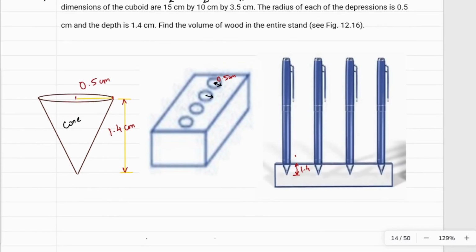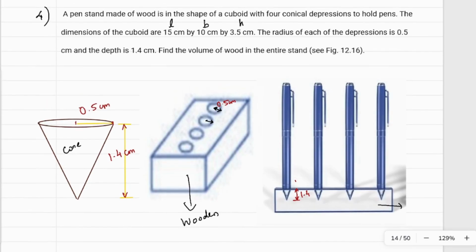So here it says that this is the wooden block, and wooden block means this is a pen stand. You can see here, right? This is a pen stand, and when we insert a pen in this way, what will happen? In order to fix the pen properly, the grooves inside it should be in this shape.